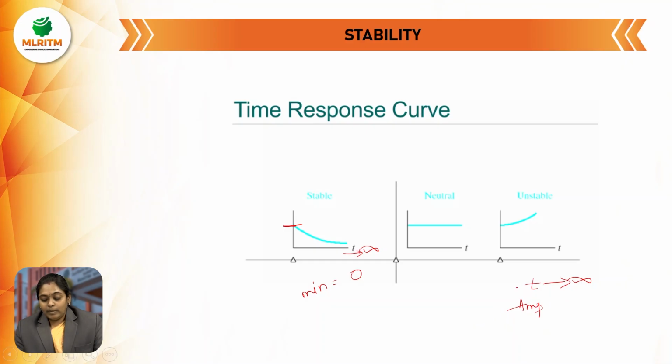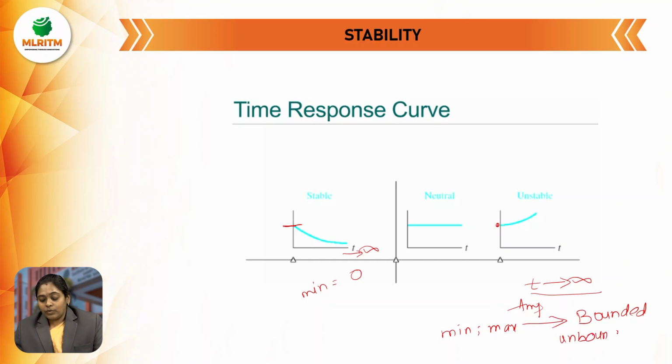We know the starting value is constant, but as time increases, the amplitude also increases, and we don't know until what time or by how much it is increasing. If we are able to find the minimum as well as maximum value of a particular input, then it is called bounded. If it is measurable, it is called bounded. If you are unable to measure the minimum and maximum values, then it is called unbounded.